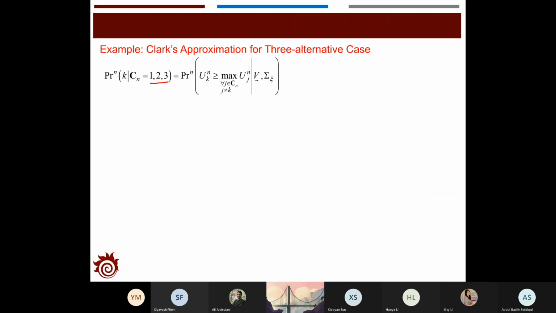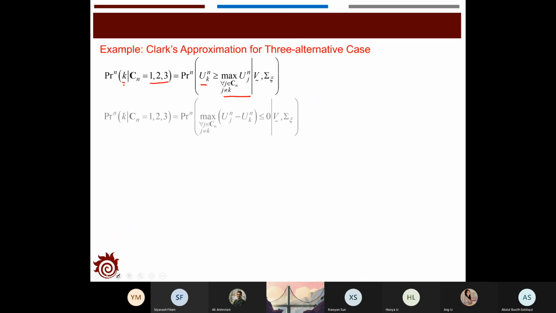There will be 3 alternatives in the selection set, and we say that alternative K is selected when the utility of K is higher than the maximum value of the other 2 alternatives.